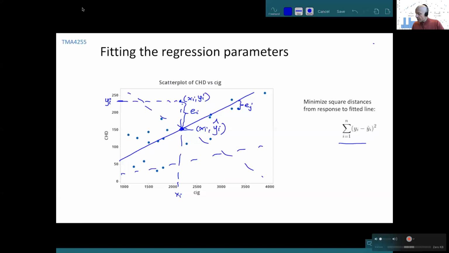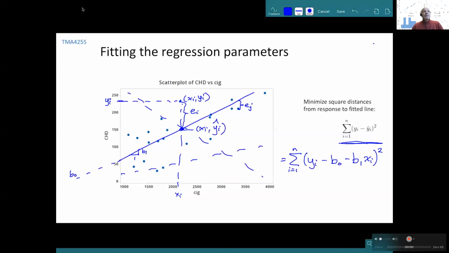And that's what's done over here. For this particular regression model with just one covariate and an intercept, this would be equal to the sum over all data pairs of yi minus b0, that's the intercept, minus b1 xi. And b1 is then the slope. When we smoke one more cigarette, how much does that influence the CHD mortality? Here I'm using b instead of beta.